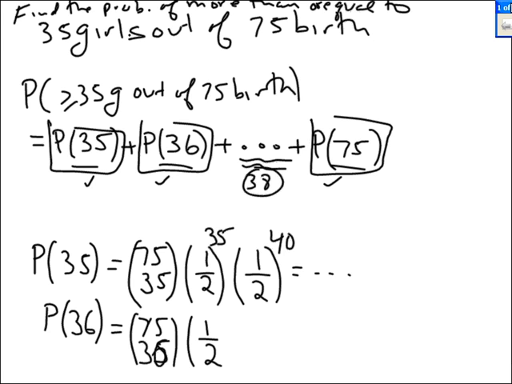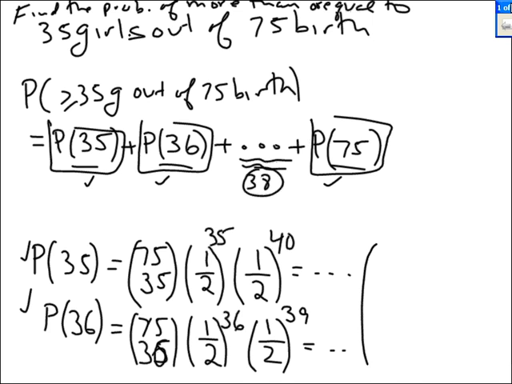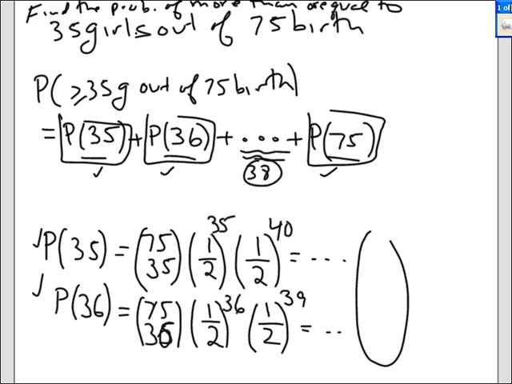You have the probability of getting a girl, and you want 36 of them, times the probability of getting a boy, which is a half, and you want the remaining children to be boys. And you'd have to calculate this one, along with many others than just those two. And then you'd have to add up all these numbers. It's kind of a pain in the neck. It's not a simple thing to do.